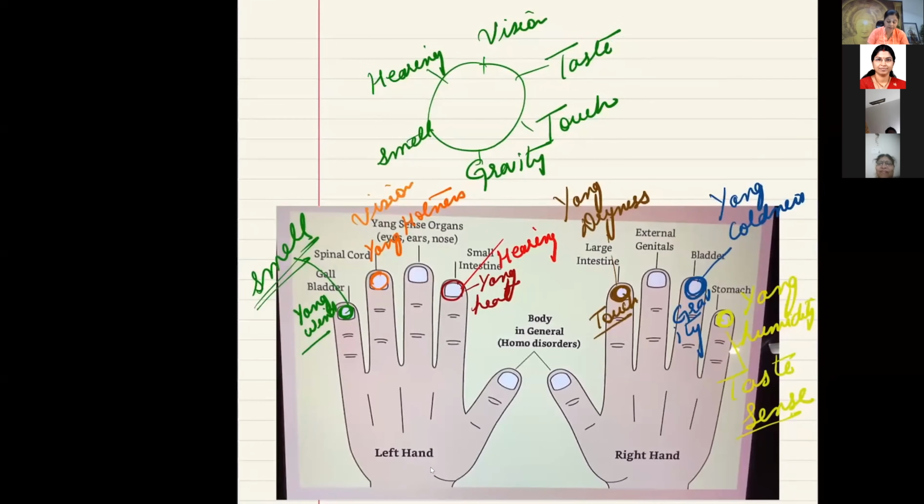Okay, taste sense. Now, this left hand little finger nail, first of all, not only smell, as you can see, this is gallbladder. So for any problem of the gallbladder, this nail is very important. If you know that you have a gallbladder problem, then you should stimulate this nail every day, not just once a day, but many times.